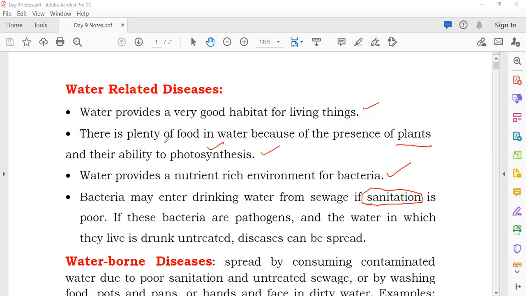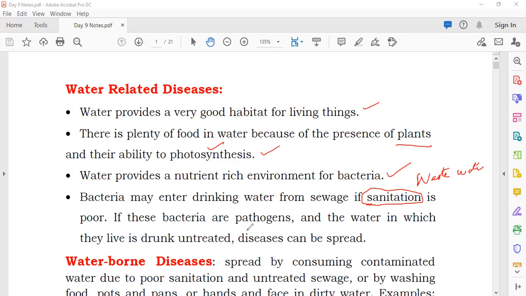If there is any leakage in sanitation, the filthy water, or wastewater, or contaminated water, can be mixed with the drinking water.